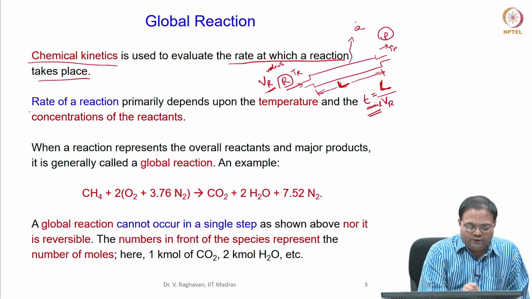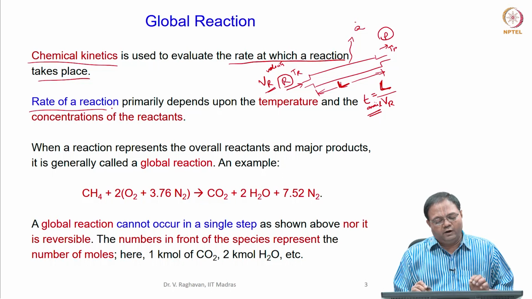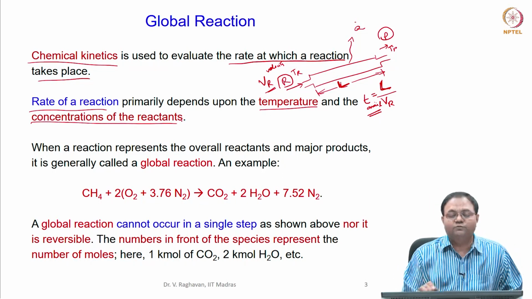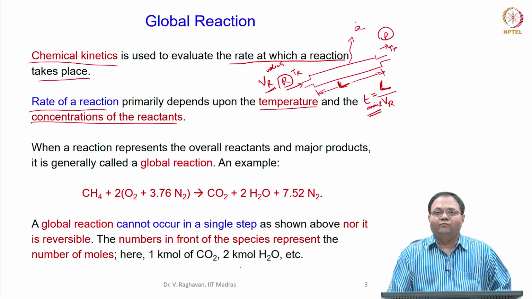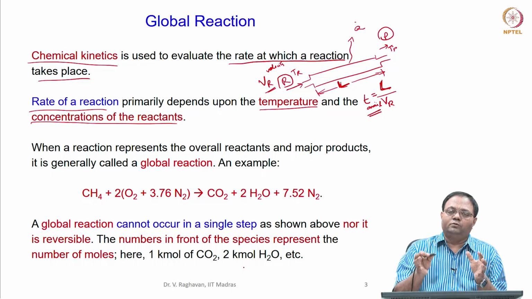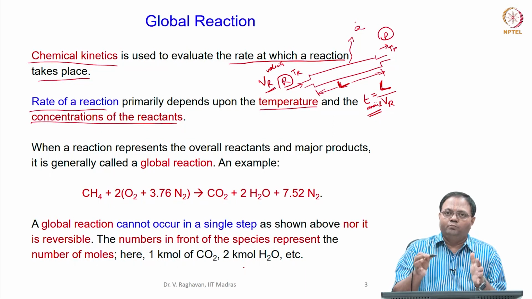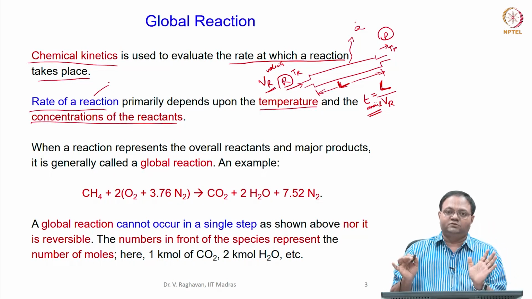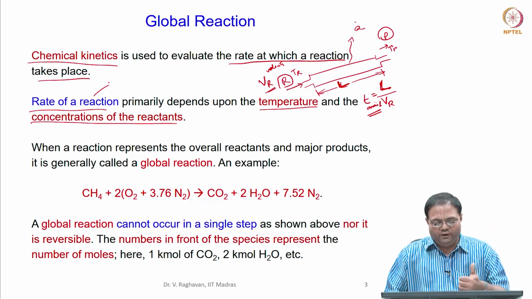The rate of reaction basically depends on two things, temperature and the concentration of the reactants. If you have a good volume of reactants and good temperature, then the rate of reaction will be sufficiently fast. We will see one by one.